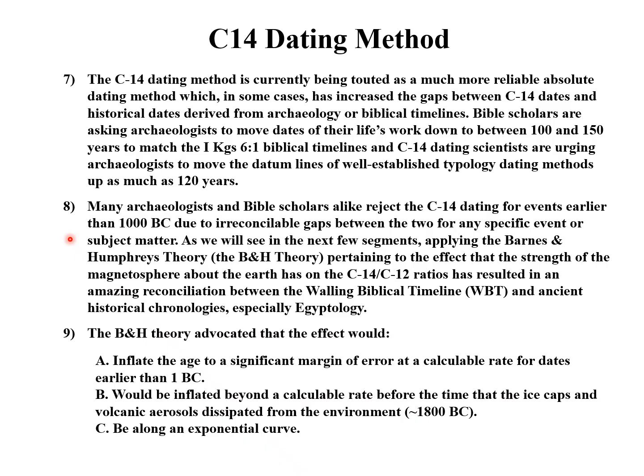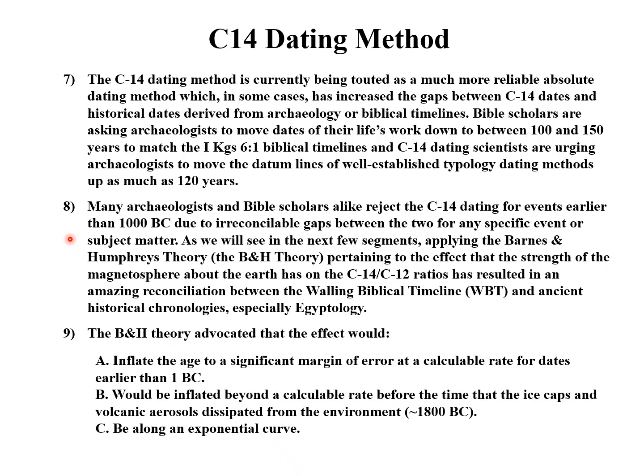But once you get past 1 BC, now you're going to start really seeing some differences. When you get past 1000 BC, that's when you're getting up to 50, 60, 70, 80, 100 years differences between the carbon-14 dating and archaeological dating, or actually the Wall and Biblical timeline.